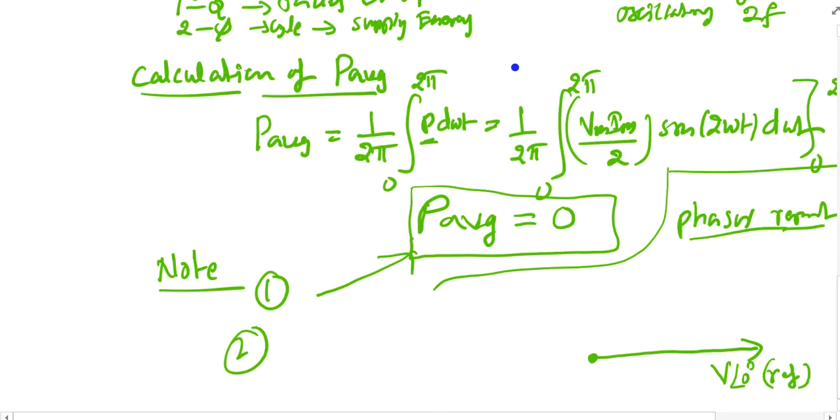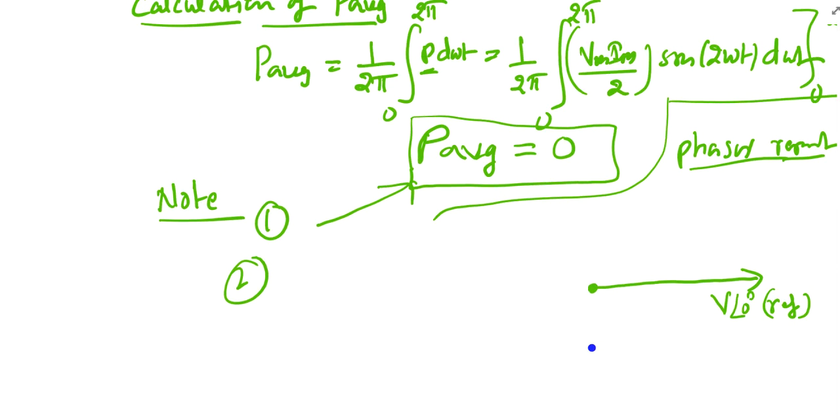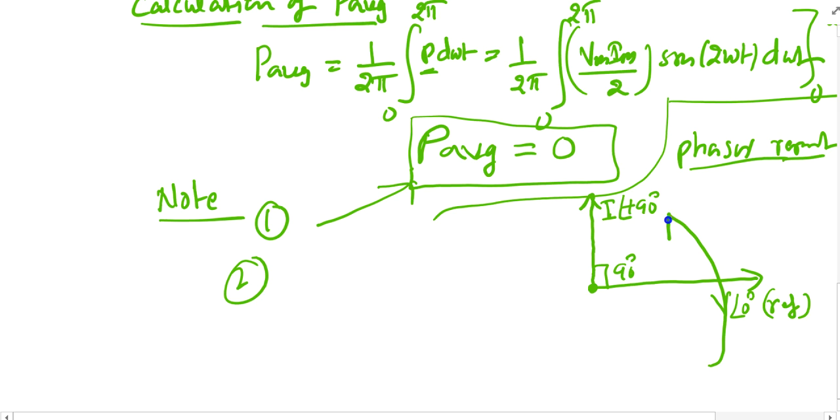You can represent the same thing in your vector diagram. The current leads the voltage by 90 degrees, so I can show it in this direction, plus 90 degrees, because vectors rotate in the anti-clockwise direction.